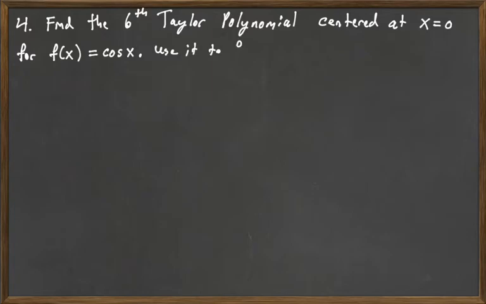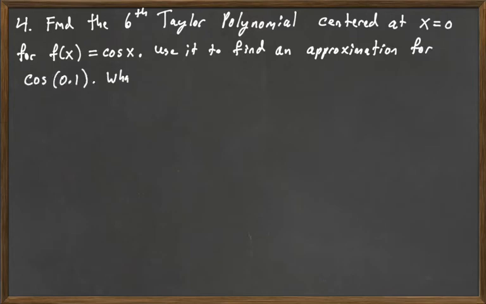And we're going to use it to find an approximation for the cosine of 0.1. And then we want to use Taylor's remainder theorem, the remainder portion, to see how good of an estimate it is. So we're going to find an upper bound for the error.